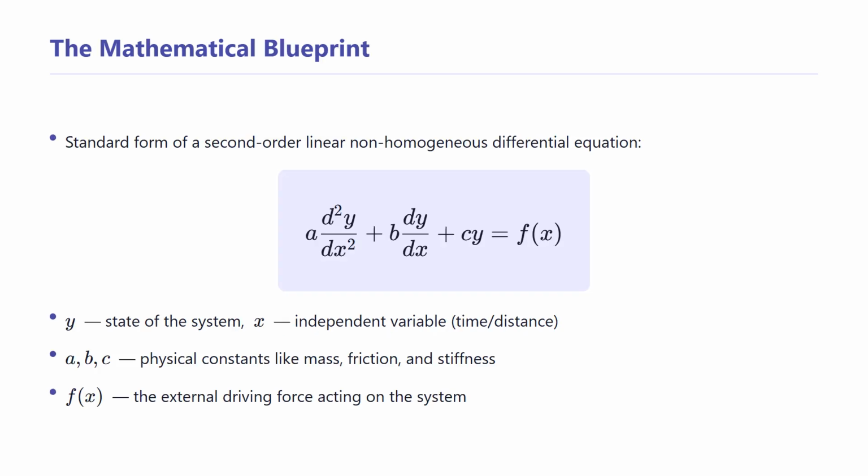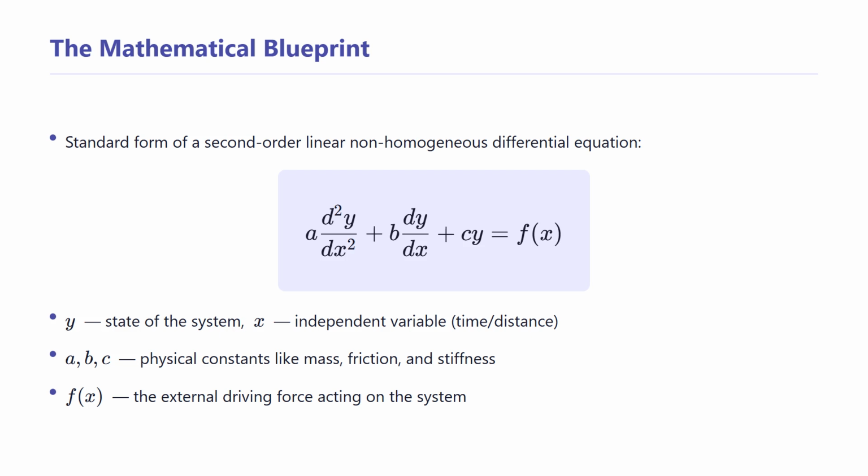This brings us to the mathematical representation of our physical system. What you see here is the standard form of a second-order linear non-homogeneous differential equation. It acts as the blueprint for our system. The variable y represents the state of our system, such as position, while x represents time or distance.